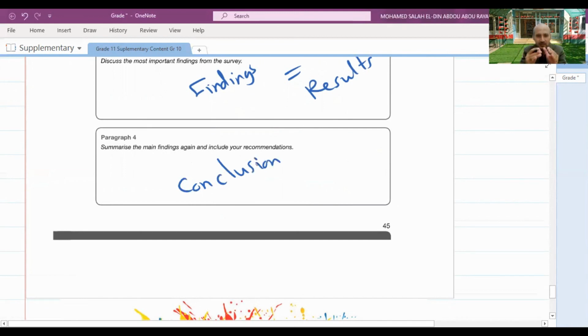In short, in one sentence, you summarize what you got from this survey. And of course, in conclusion, you can give some recommendations, or advice.